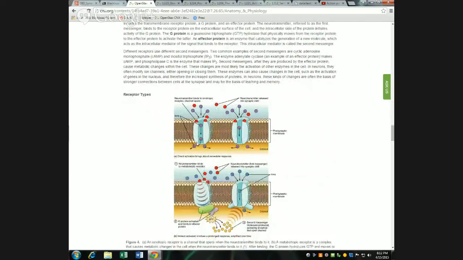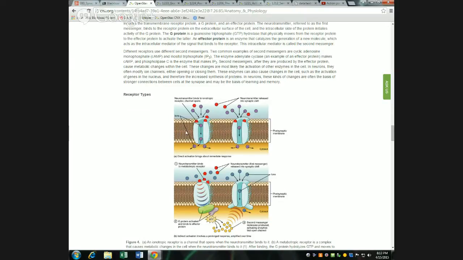It's an ion channel that's activated by a neurotransmitter binding to it, what I earlier called a ligand-gated ion channel. Okay. The other type of receptor is one protein that, through a series of changes inside the cell, will cause ion channels elsewhere to open up. Okay.